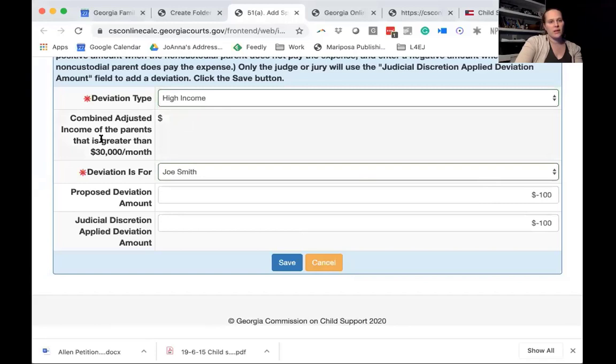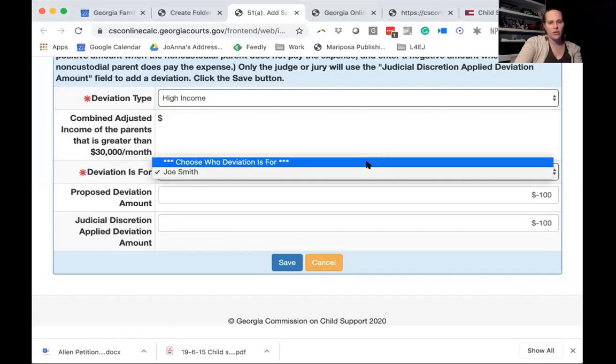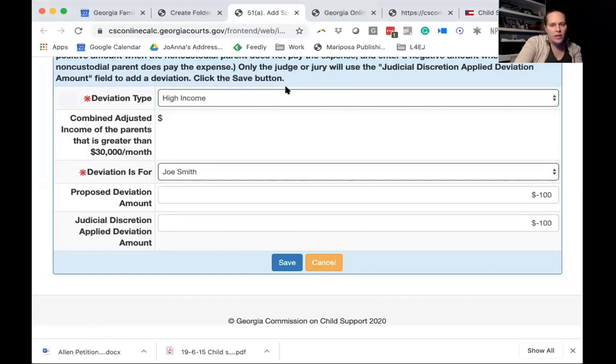This would be the combined adjusted income of the parties that is greater than $30,000 a month. You should actually be able to put it in here, but it's not letting me, I think. If they had a combined income of $100,000 per month, then the amount that you would put here is $70,000, because that is greater than $30,000 a month. Does that make sense?